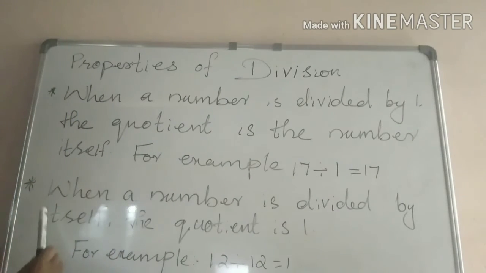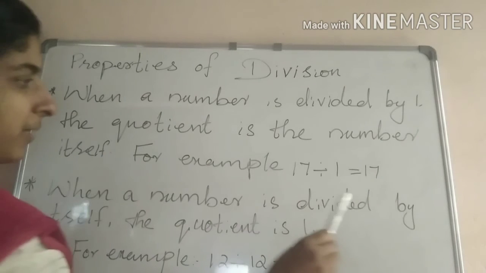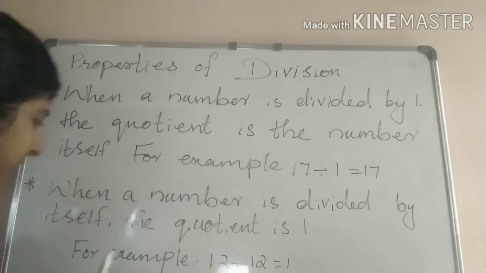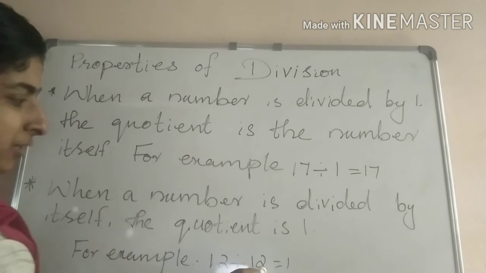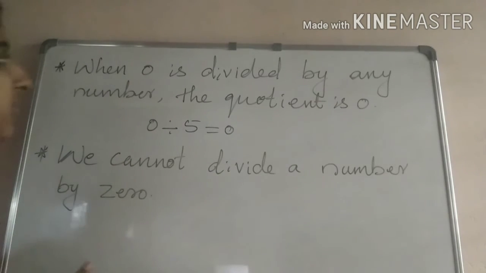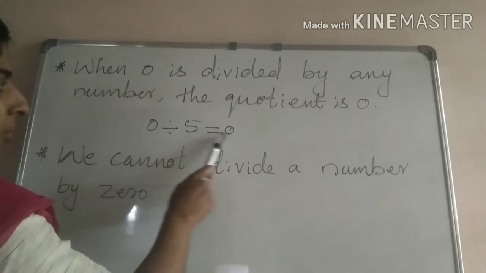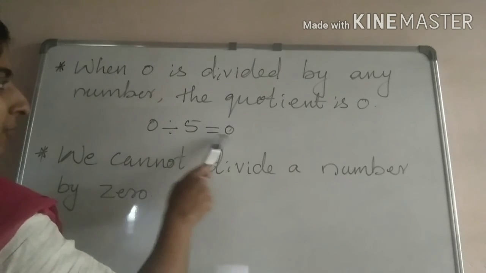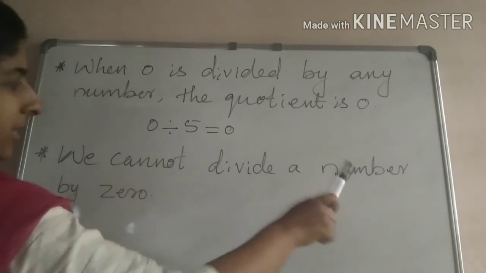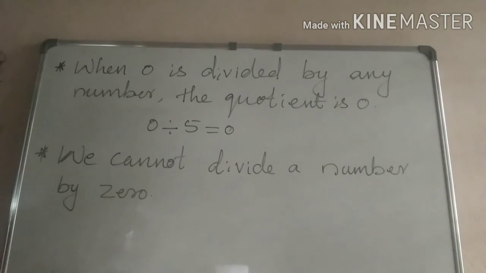Then second property, when a number is divided by itself, the quotient is 1. For example, 12 divided by 12, answer is 1. Then third property is, when 0 is divided by any number, the quotient is 0. 0 divided by 5 is equal to 0. Then, we cannot divide a number by 0.